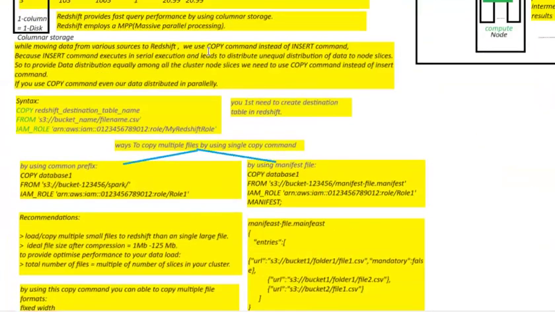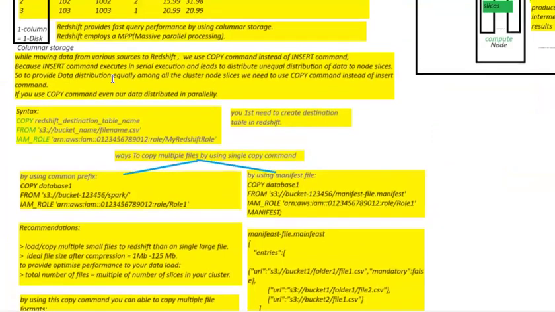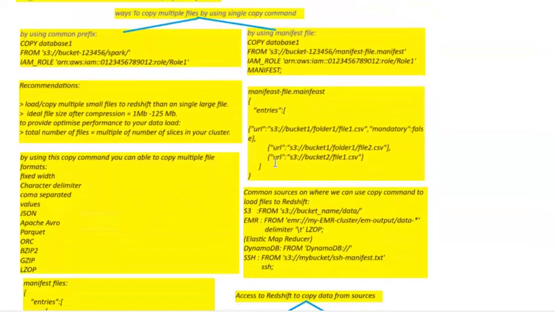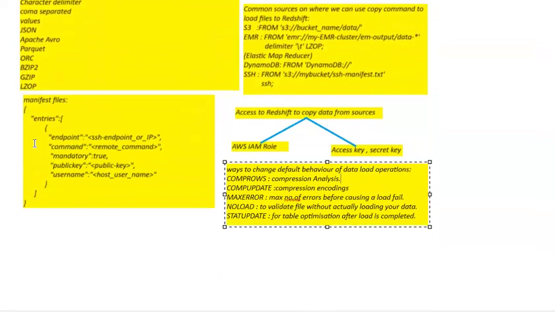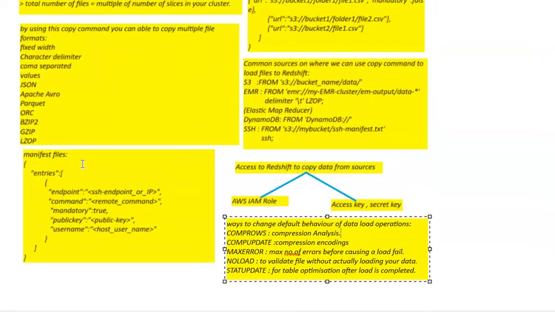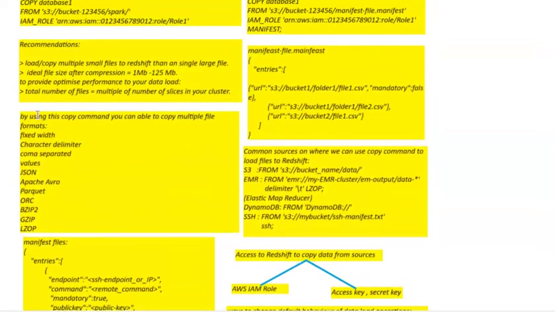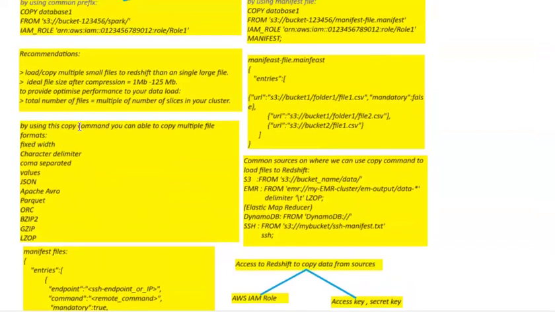I hope you understood the copy command. When do you use it instead of the insert command? What is the difference between insert and copy, and what is the syntax? What are the different ways I can use? Among these two, why is the manifest file recommended? By using a manifest file, what are the default options and additional options I have, which formats does the copy command support, and from which common sources do I transfer my data?